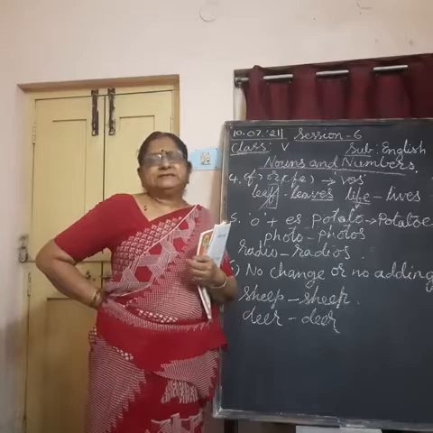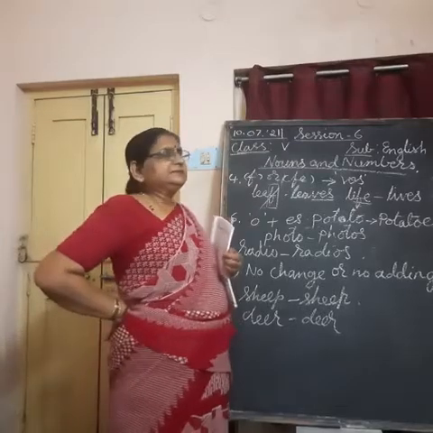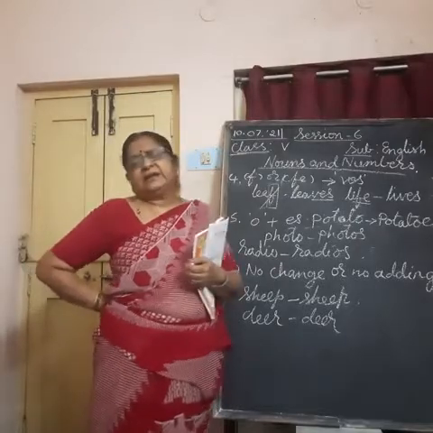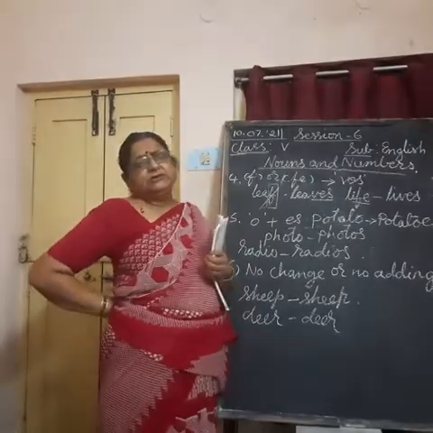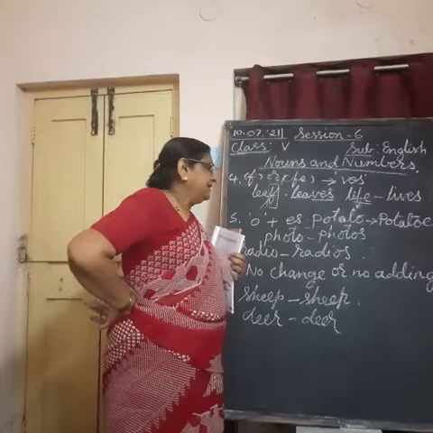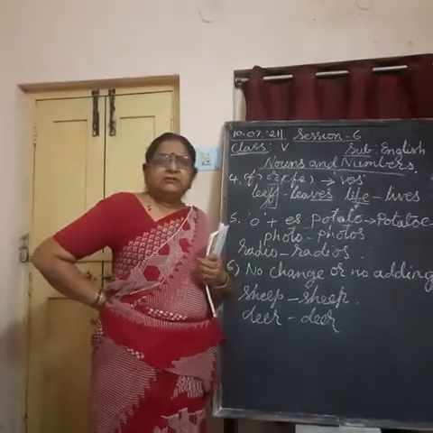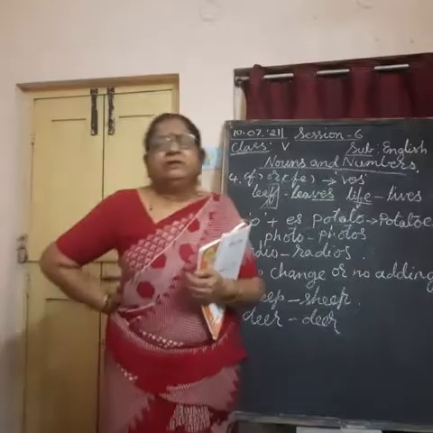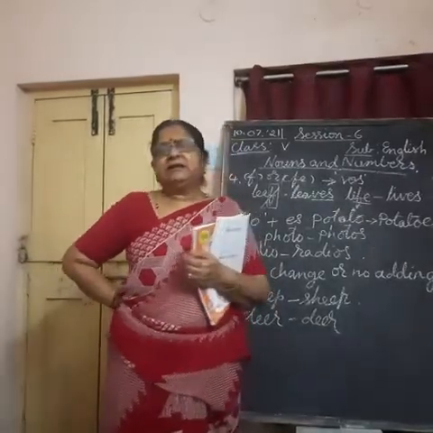Pen, pens. Understand? In such case, second, when we are pronouncing S, when we are getting the complete sound of S, what we are doing? We are adding ES to it. Then we are changing Y into IES. We are cancelling Y and writing IES.